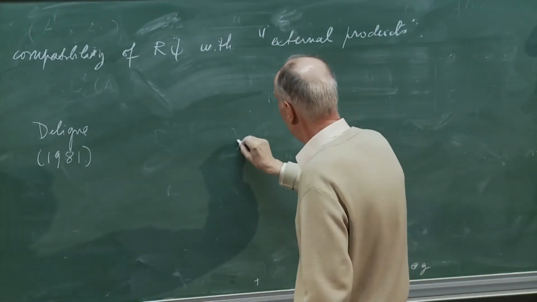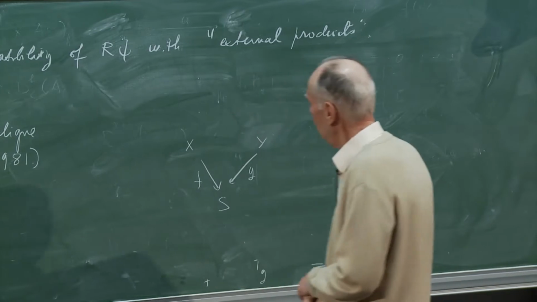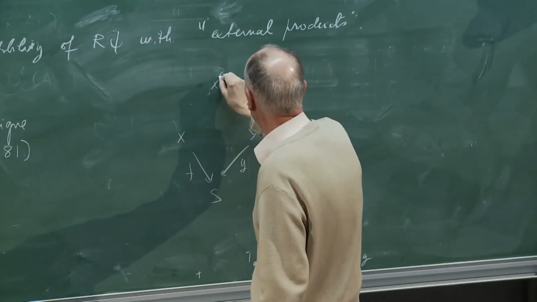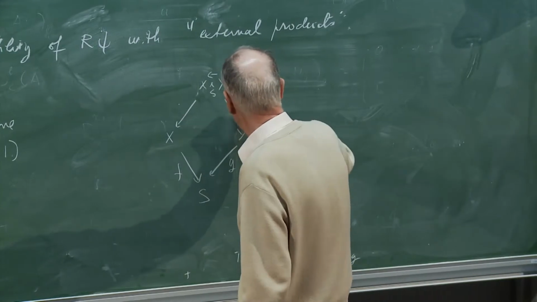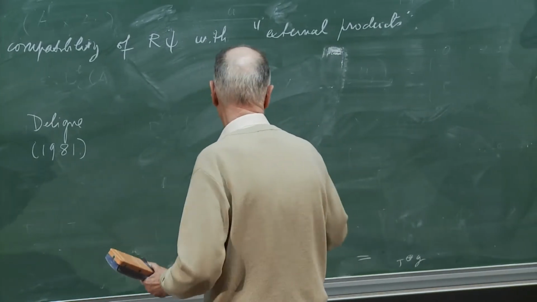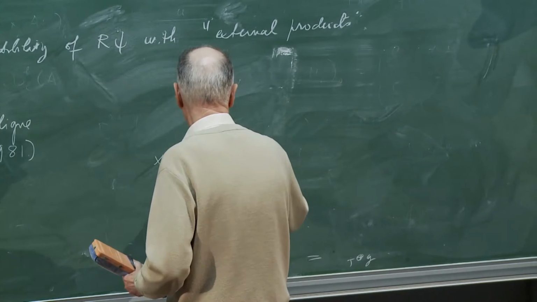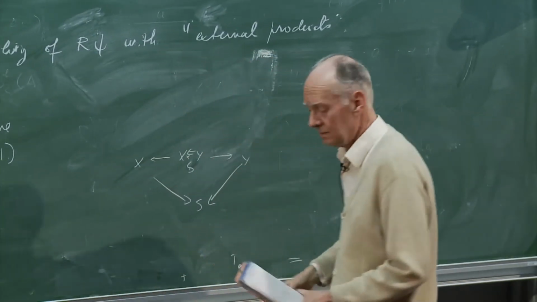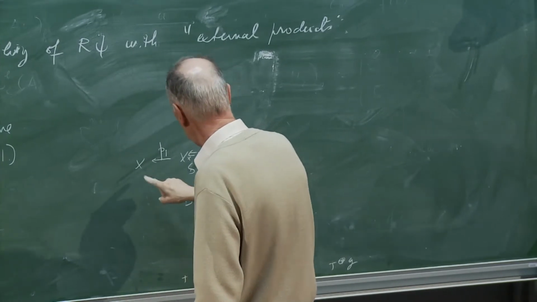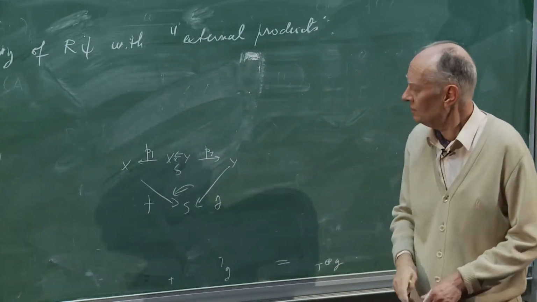If you have two morphisms of schemes, say X to S via f and Y to S via g, then you can construct what is called the oriented product of X and Y over S, which is not a scheme, but a topos, the category of sheaves on some site, with two maps, P1 and P2, projections to X and Y. And between morphisms of toposes, you can have 2-maps.